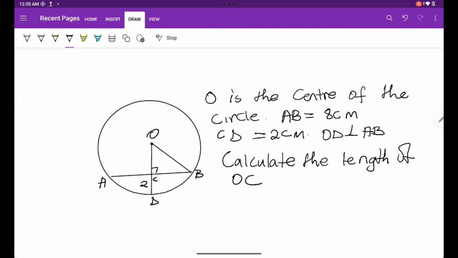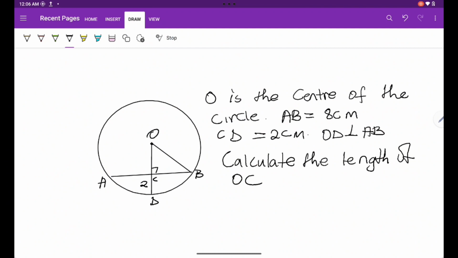Line OD is perpendicular to AB. The question is: calculate the length of OC. This is one of those challenging questions that requires the application of Theorem 1 and its converse.